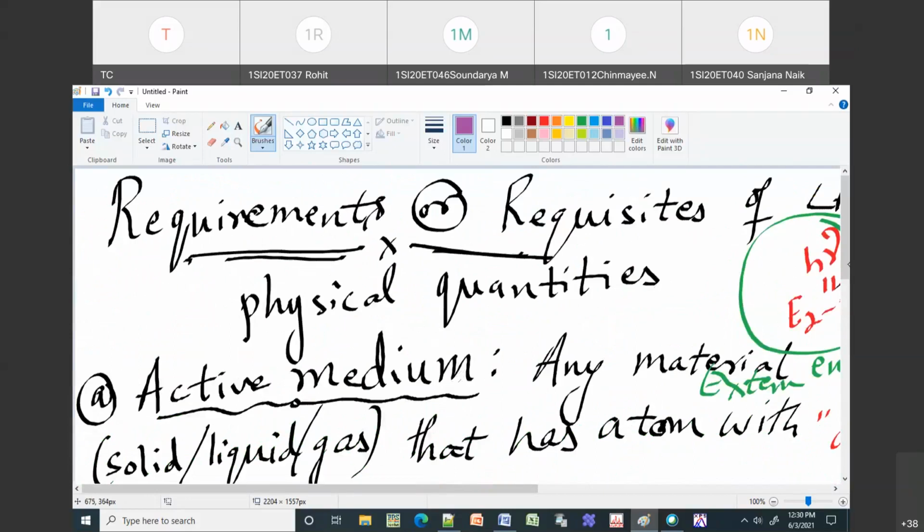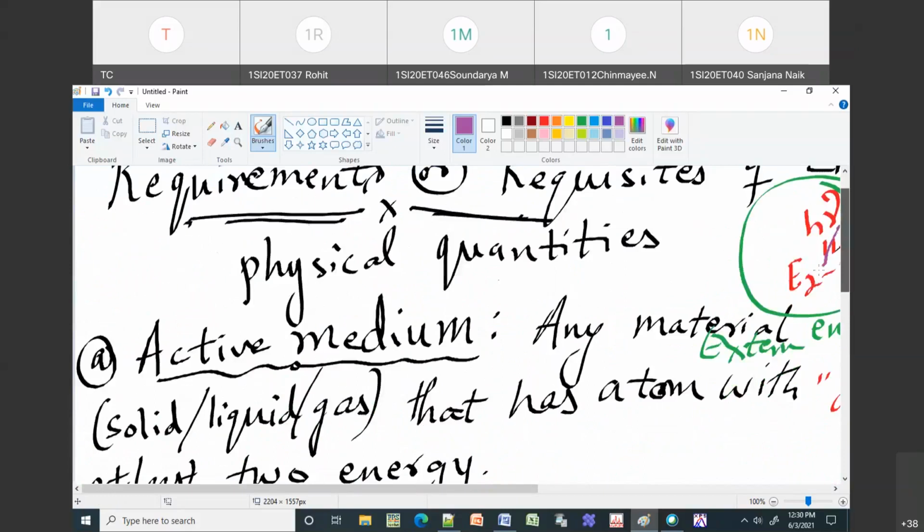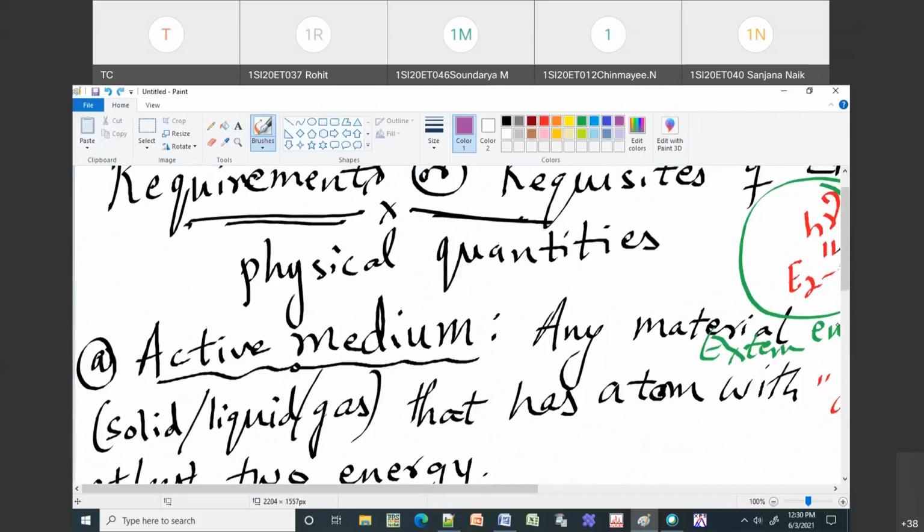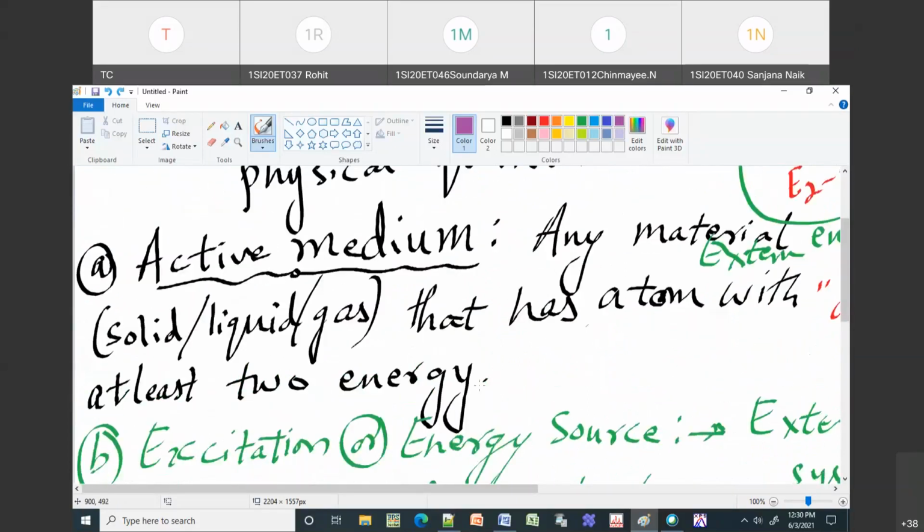It can be solid, liquid, or gas that has atoms. And these atoms should have at least two energy levels. Why two energy levels? Only then you can expect your induced absorption and stimulated emission. So the minimum is two energy levels. You should have at least two energy levels. Okay, so that is about your active medium.